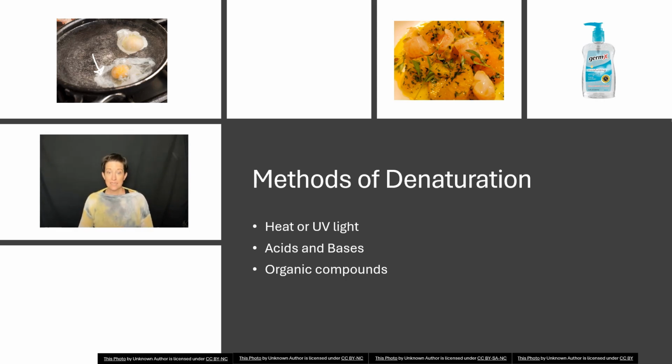Organic solvents: why we can use ethanol, isopropyl alcohol, hand sanitizer to help sanitize, clean our surfaces, our hands, is because those alcohols are smaller than our proteins are. So those small alcohols have hydrogen bonding, so they can wiggle their way into that protein, and on those R groups, or in the secondary and tertiary, the alpha helices and beta sheets, they can go into those hydrogen bonds and be like, oh, I'm smaller.